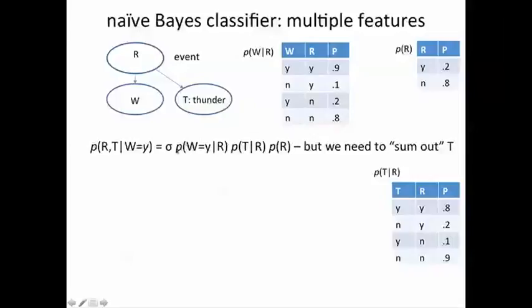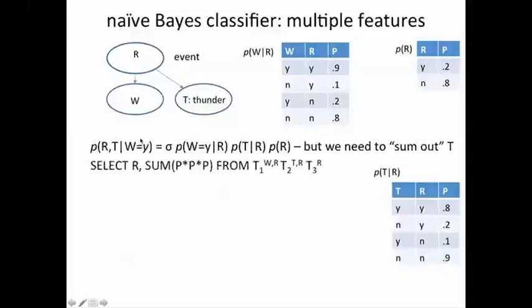Again, we have the probability of the evidence over here, but this time we don't have anything that says T equal to yes or no. So we need to sum out T in this product if we want to know only the probability of rain.